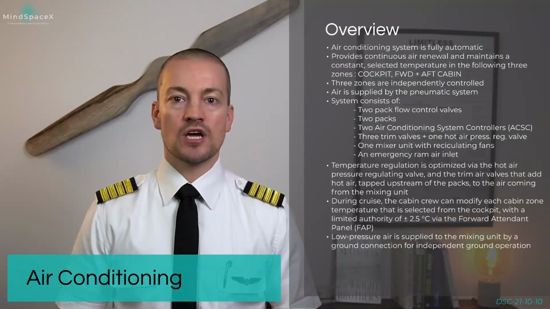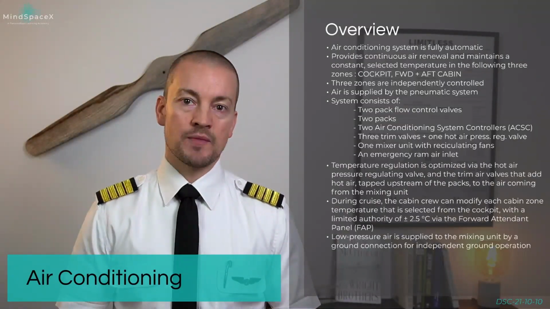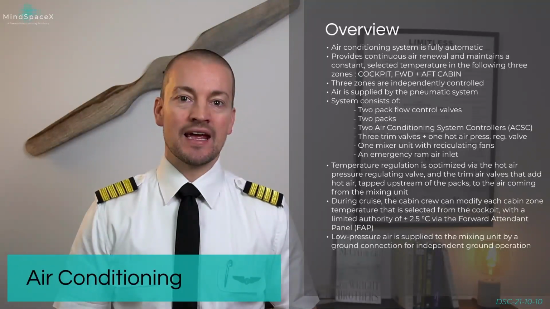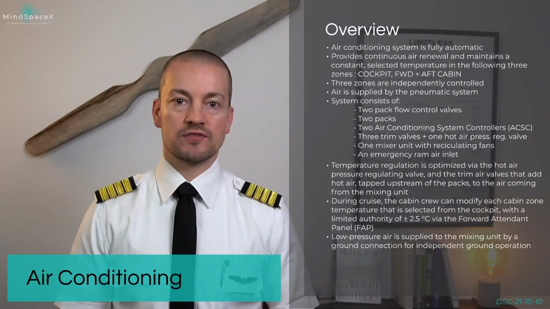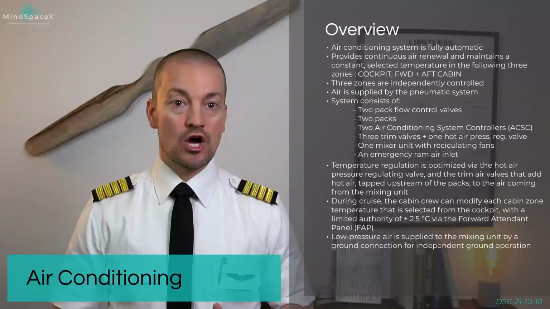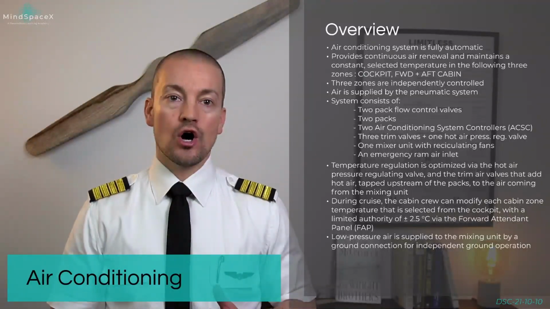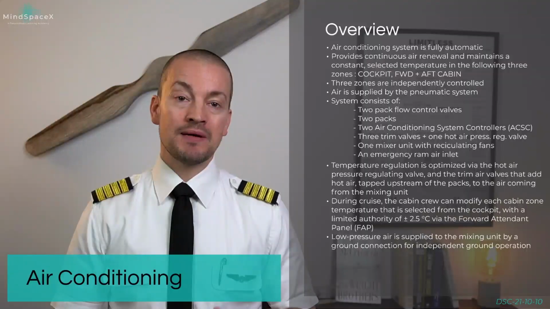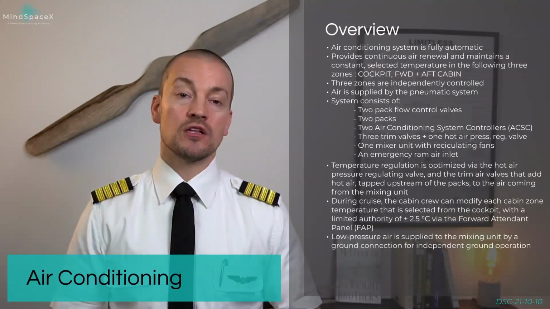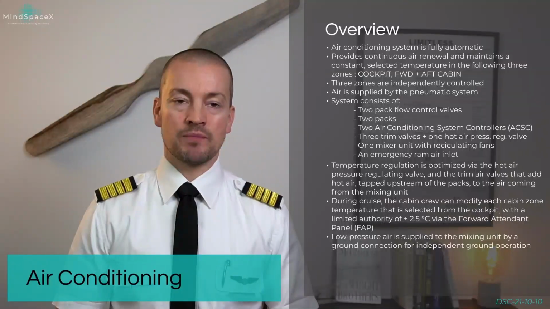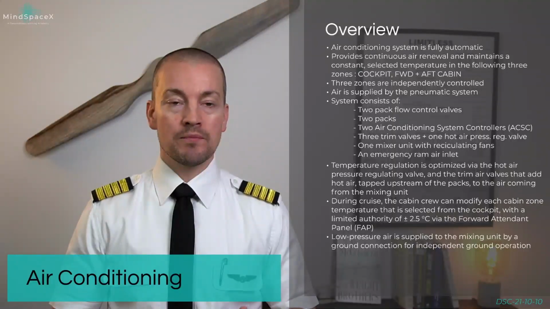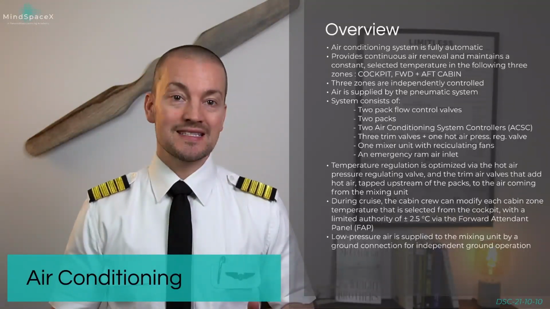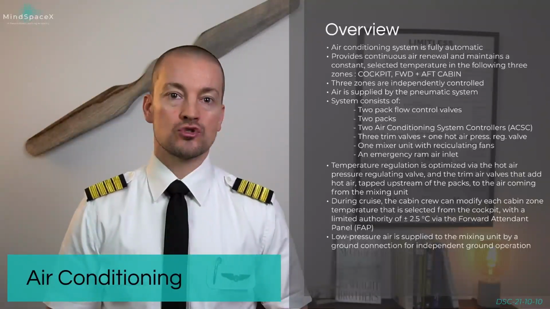Temperature regulation is optimized, as I just mentioned, via the hot air pressure regulating valve and its associated trim valves. This part of the system taps hot air upstream of the bleed valve, but downstream of that, meaning before the air conditioning pack, and allows this hot air to meet the cold airflow just as the air passes into the individual zones.